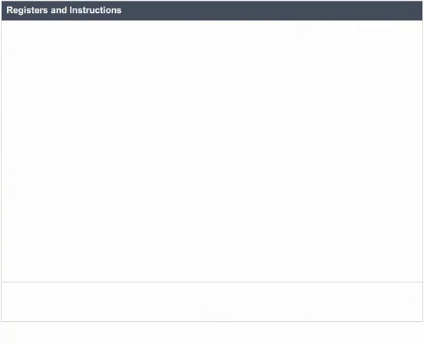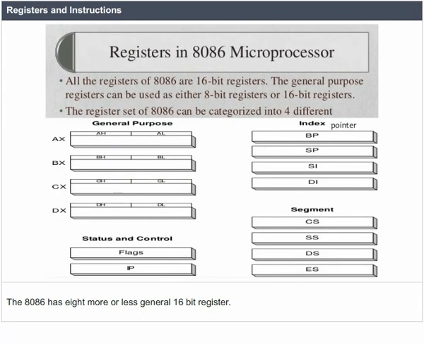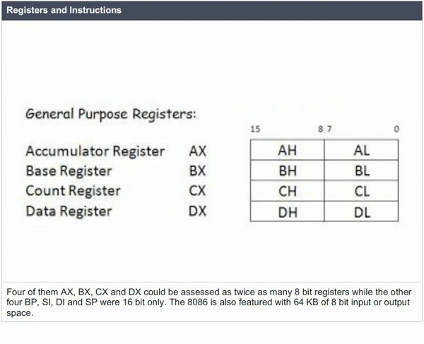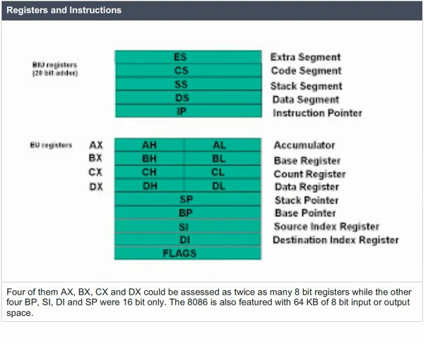Registers and instructions. The 8086 has 8 more or less general 16-bit registers. 4 of them, AX, BX, CX, and DX, could be accessed as twice as many 8-bit registers, while the other 4, BP, SI, DI, and SP, were 16-bit only. The 8086 also featured 64 KB of 8-bit input or output space.